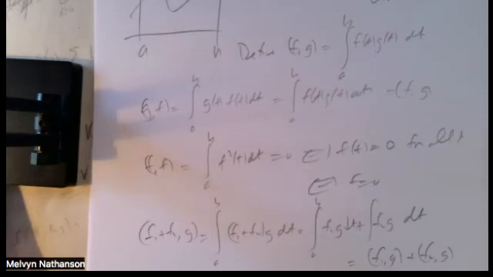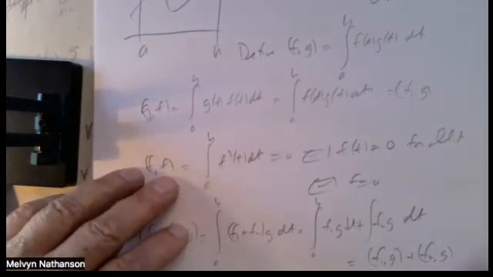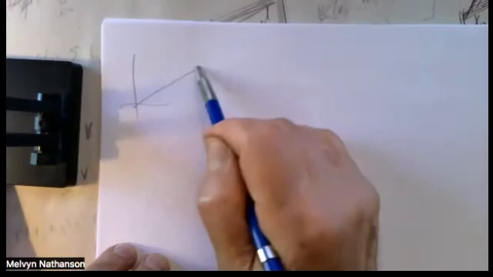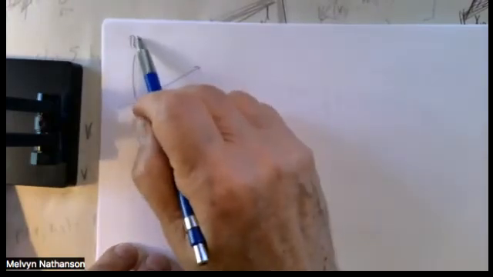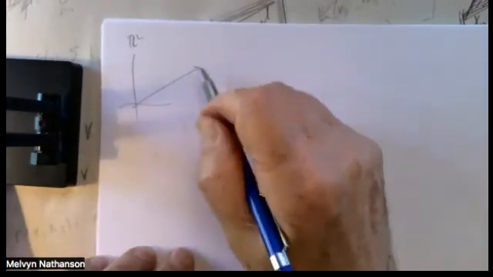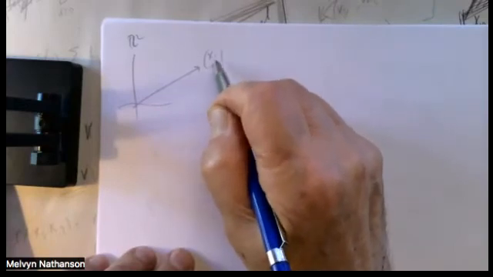Now, let's just motivate something. Suppose we're in R2, and here's the vector x1, x2.